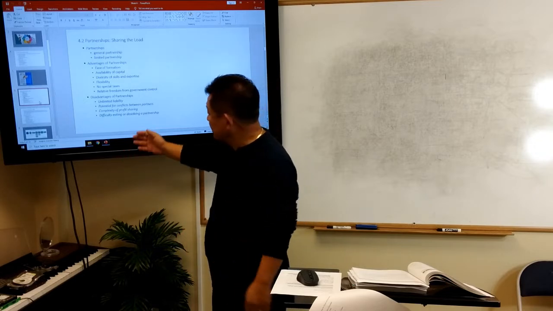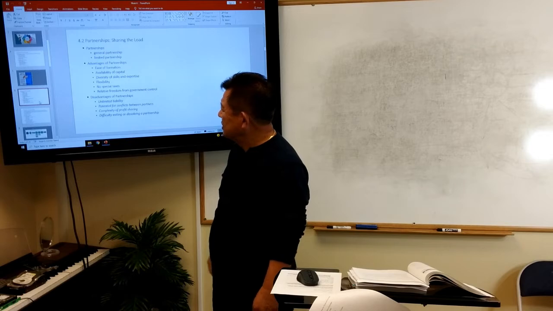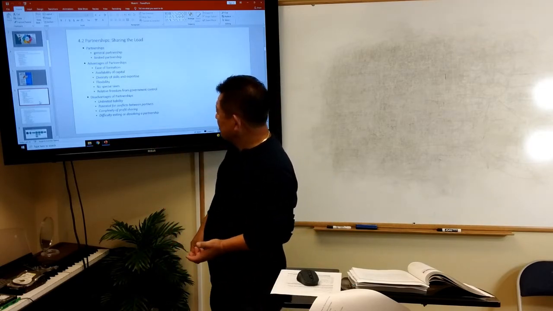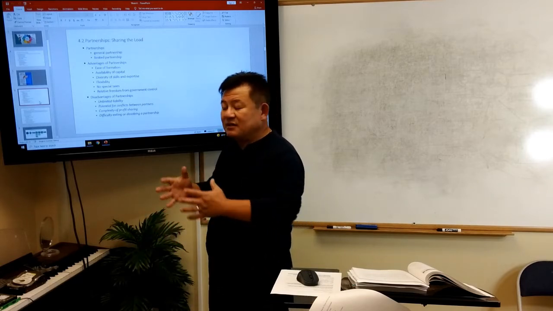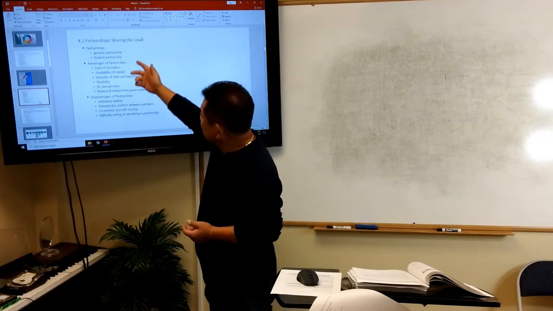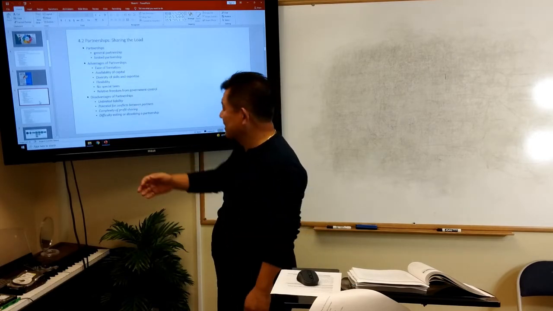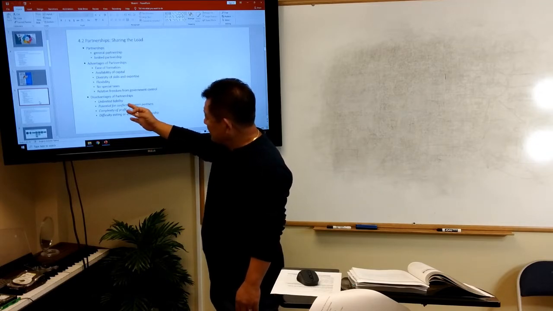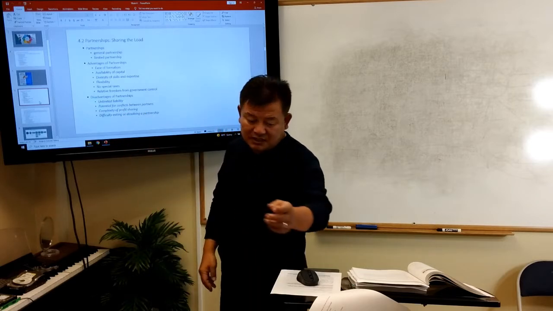Later we will check it. And relative freedom from government control, better than a sole proprietorship. Sole proprietorship has very limited regulation, but partnership has a little more freedom. On the other hand, a disadvantage of partnership is unlimited liability, same as a sole proprietorship.